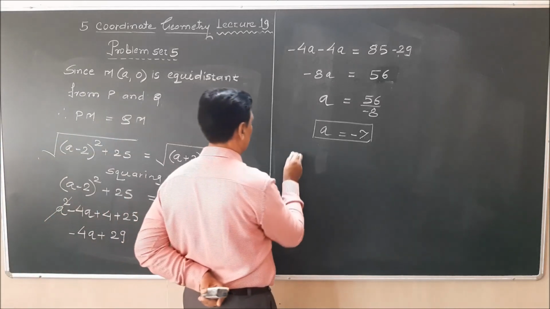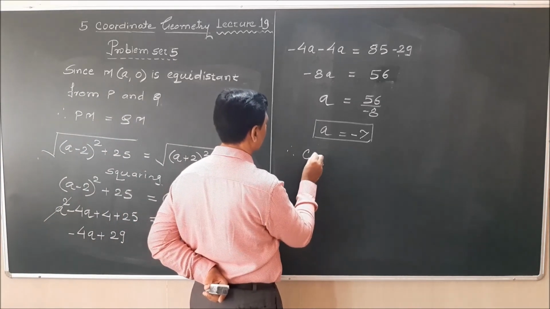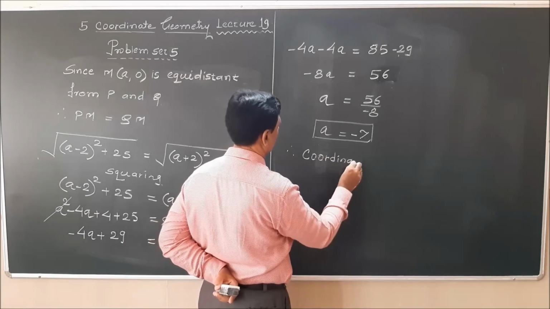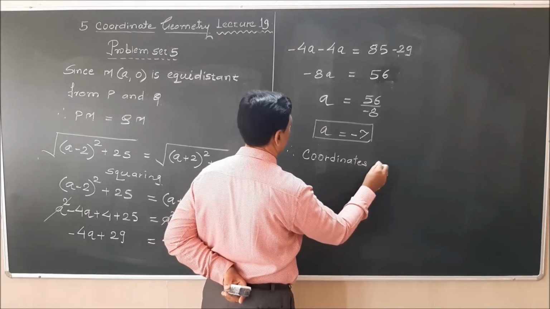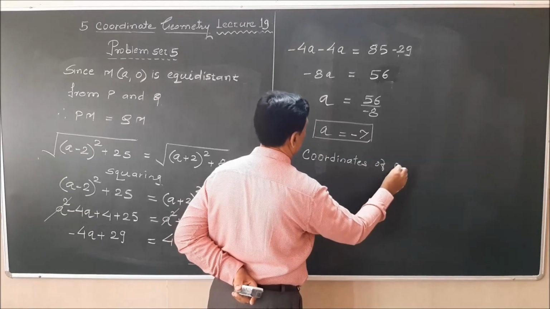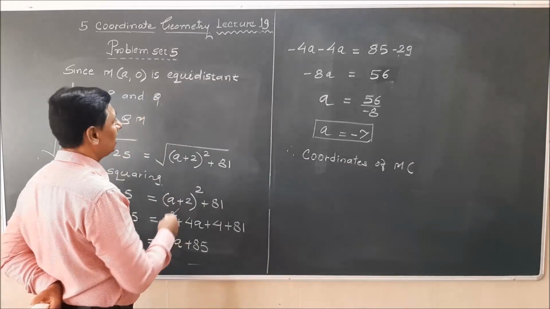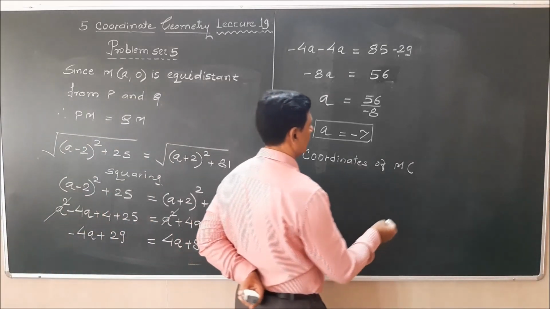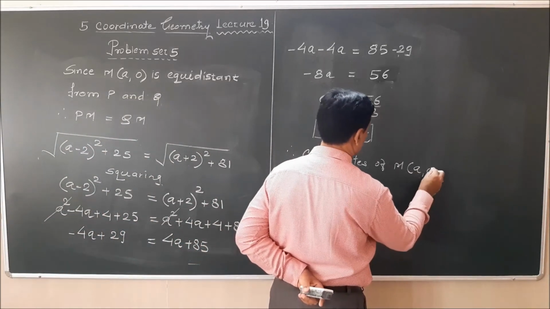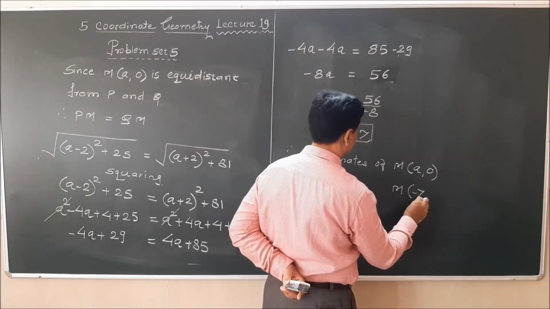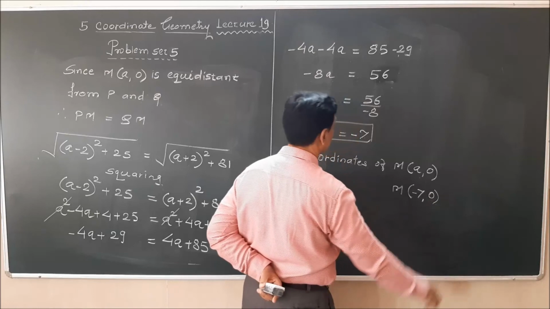Therefore, coordinates of M are a comma 0, that is minus 7 comma 0.